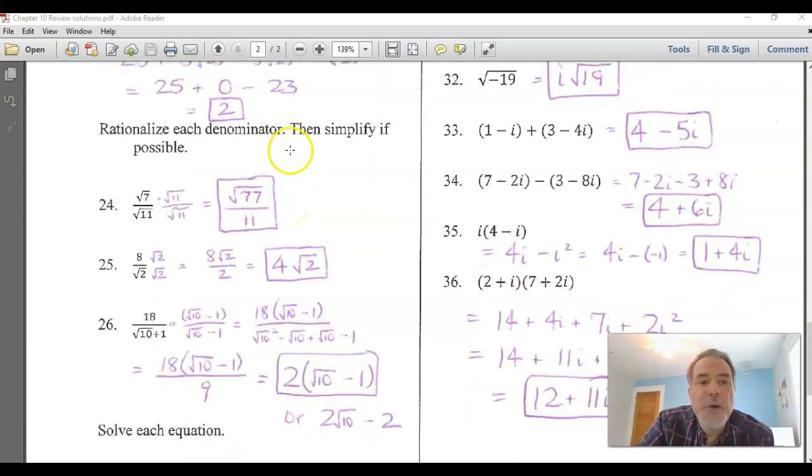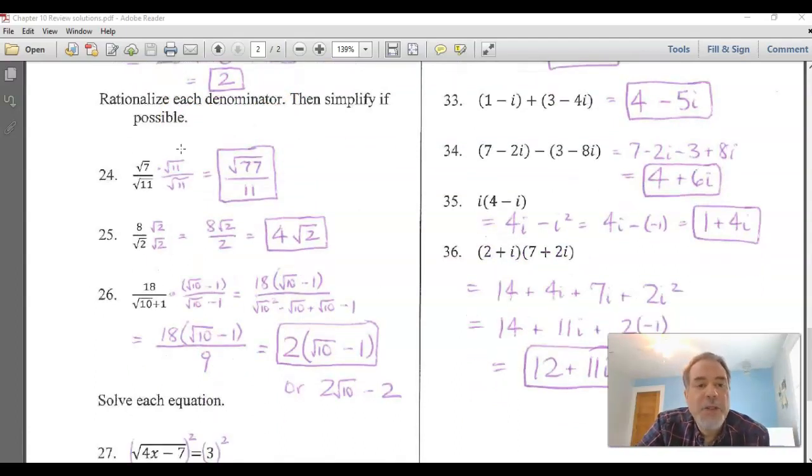For the next problems, the directions say rationalize each denominator, then simplify if possible. So that means in our final answer, we don't want a denominator that has a radical in it. The square root of 7 over the square root of 11. We multiply by another square root of 11 on the bottom, and then the same thing on the top, so that on top we get square root of 7 times square root of 11 is square root of 77.